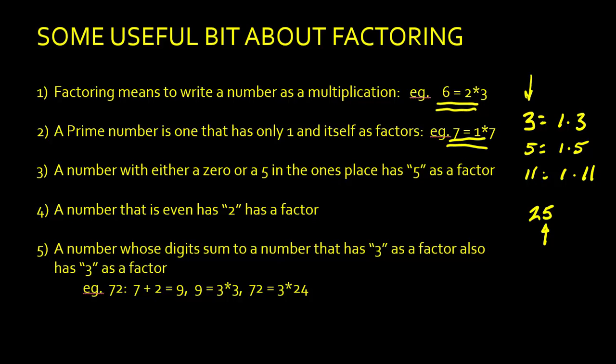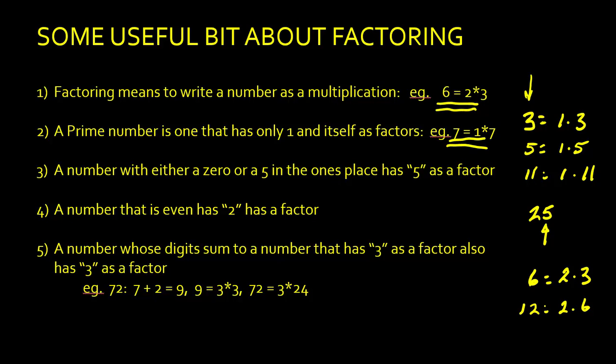Fourth thing, a number that is even has 2 as a factor. Something like 6, you can factor out a 2. You can write 6 as 2 times 3. You can write 12 as 2 times 6.